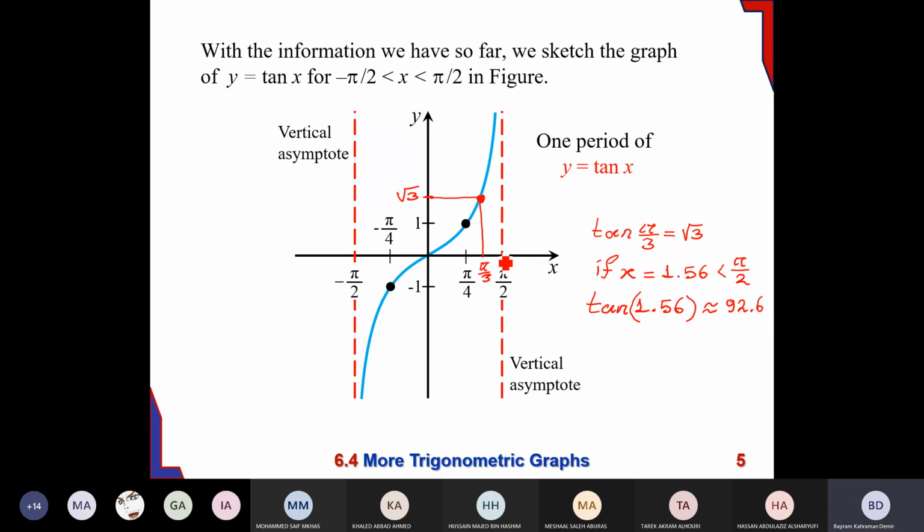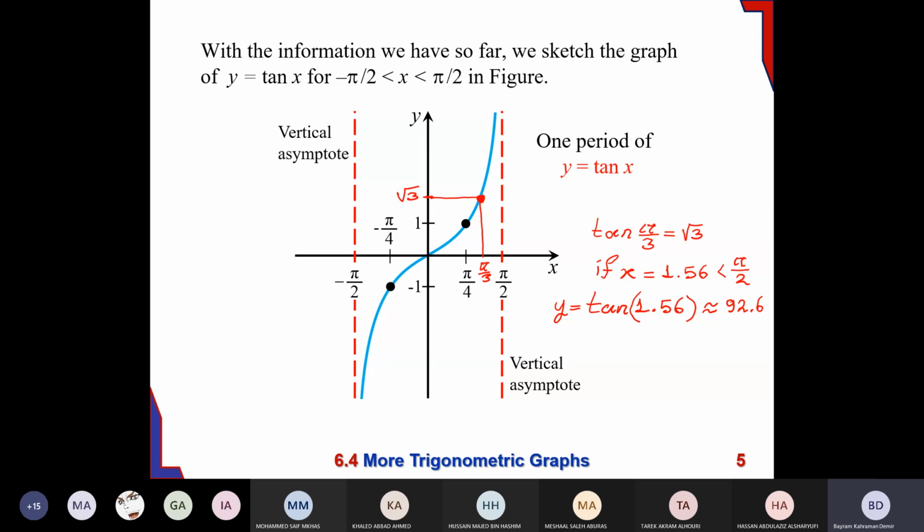If you choose a number closer to pi over 2, the tangent just flies up. Yes, you have to put the calculator in radian mode. These numbers are radians, these are pi over 4, pi over 2, so these are radian calculations. So tangent of 1.56 is close to 93. It just goes up very fast.